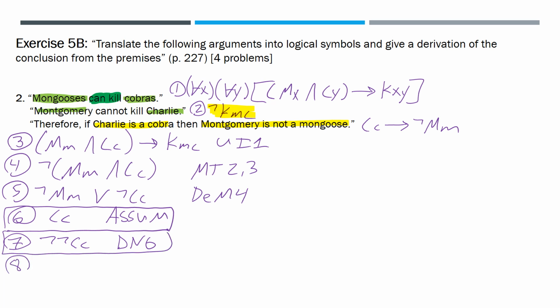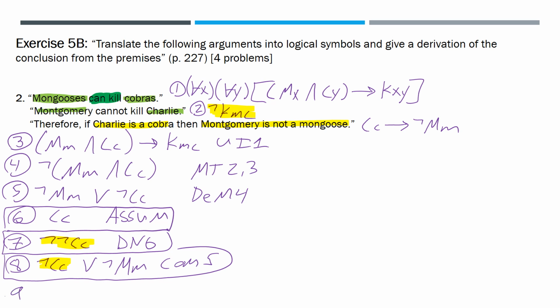For 8, we can get not Cc or not Mm by the commutative rule, line 5. This not not Cc denies not Cc. So for 9, we can get not Mm by the disjunctive syllogism, lines 7 and 8.